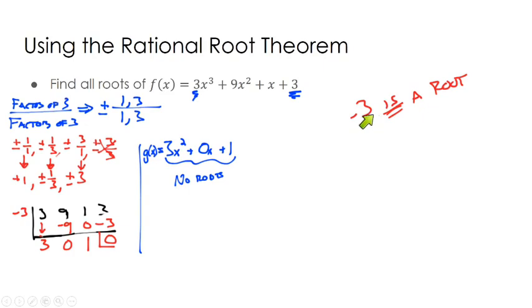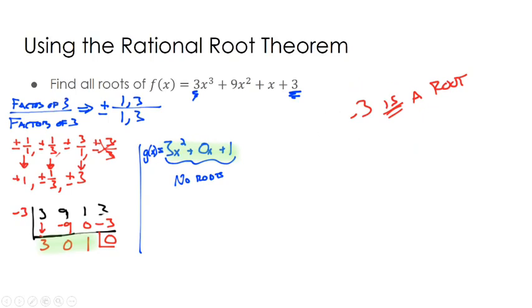Okay? And once again, I'm saying that this reduced polynomial that we found, that I'm rewriting as a polynomial here, doesn't have any roots. So that means we really only have one real root to this function, okay?